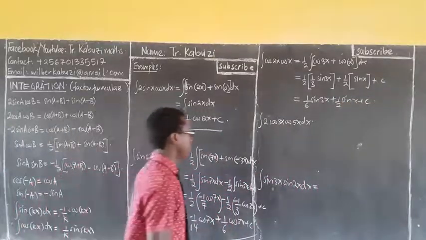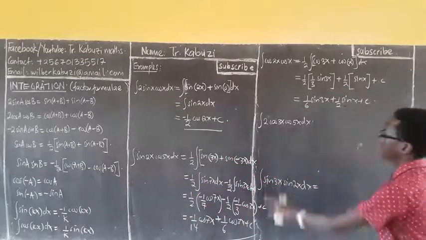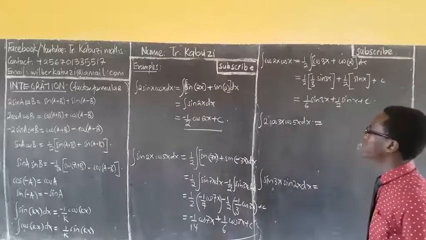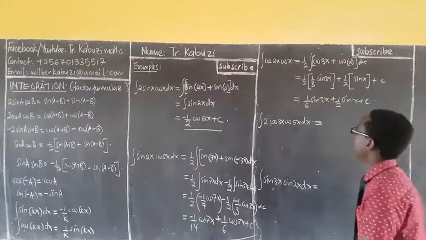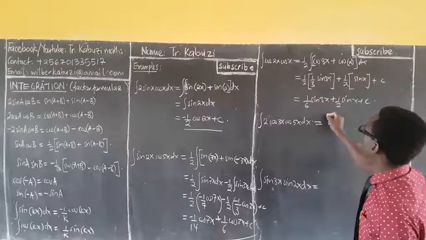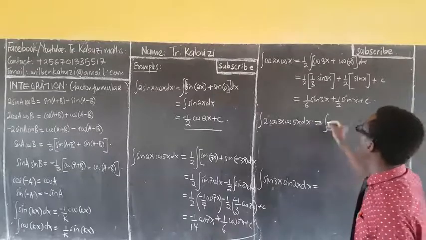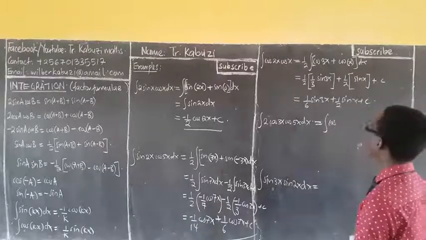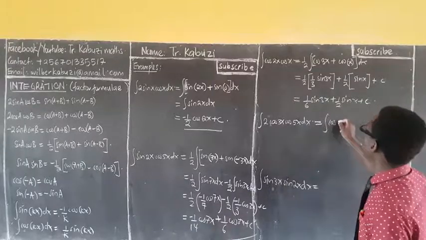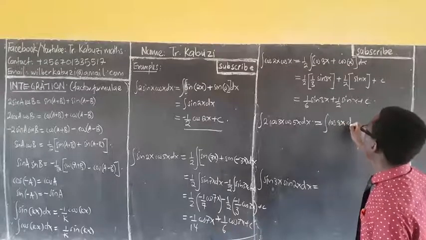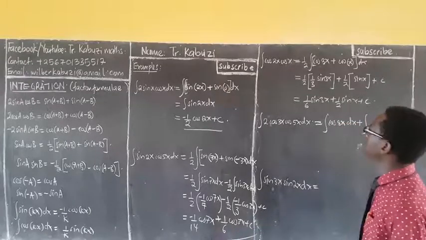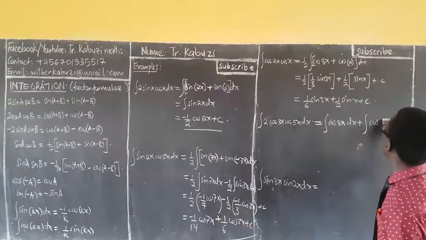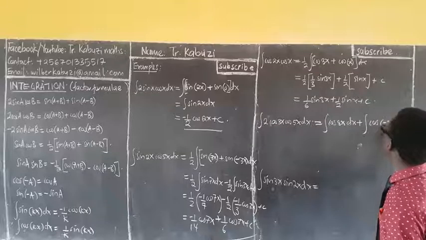Now, when I come to this, my 2 is already here, so I don't need to introduce the half. I add this angle plus this, so this will be cos plus cos. So 3 plus 5, that will be 8x dx. Then I separate plus cos of negative 2x dx.